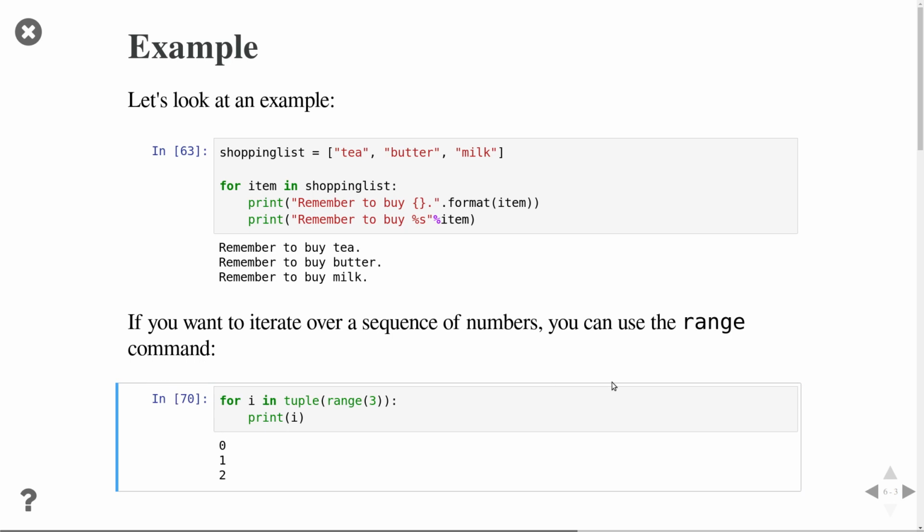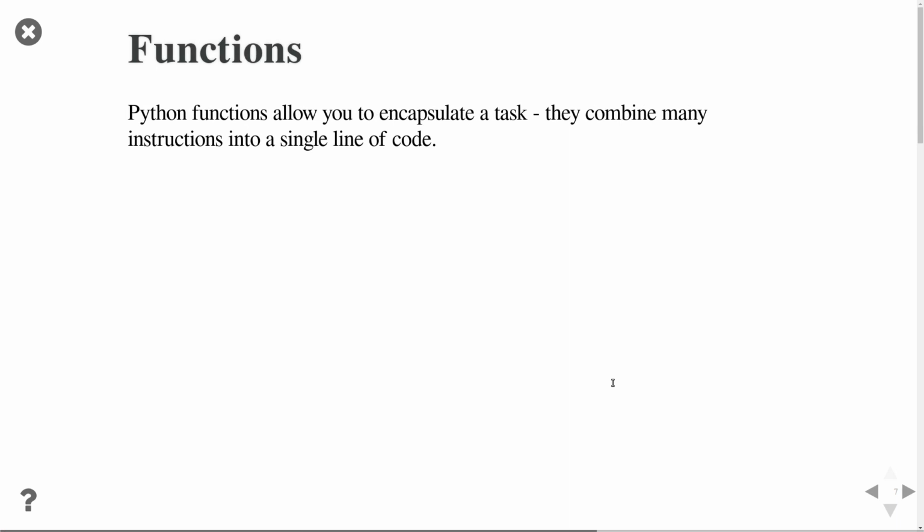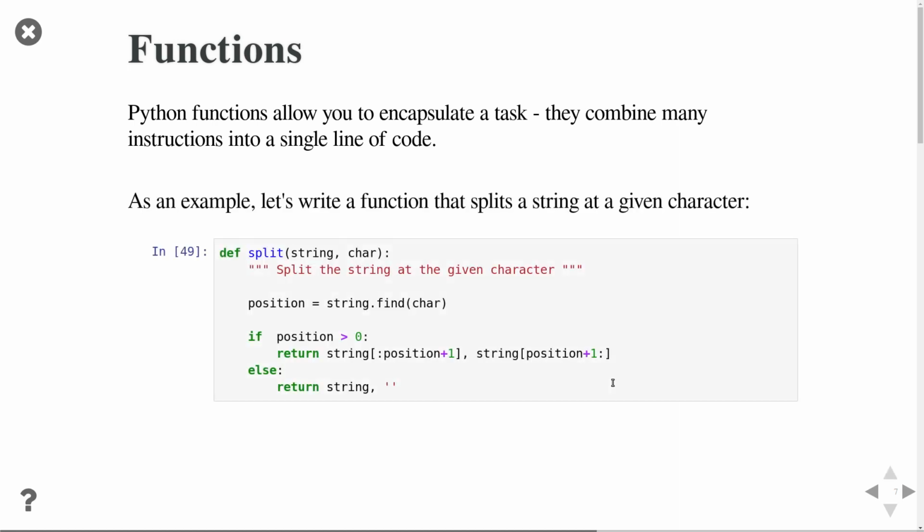Functions. Of course, functions are really important. They allow you to encapsulate commands that you want to call over and over again. And you can then call all these instructions in a single line of code. The way you do this in Python is with a def. There's a special keyword called def for defining a new function.